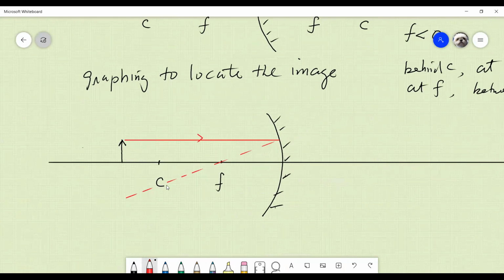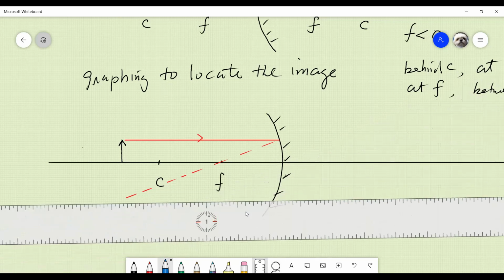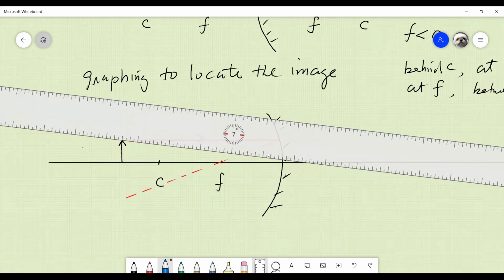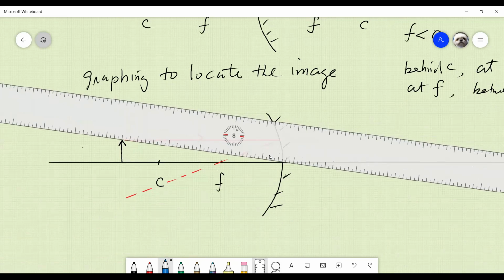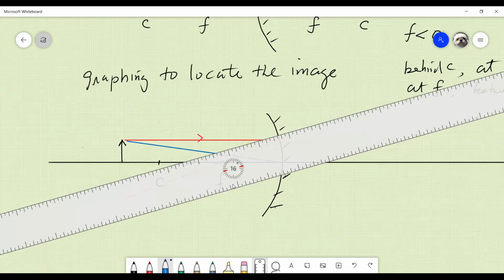Another way you draw that is, when you have a light ray coming in from the top of the object, it hits the vertex. Now it should be a solid line, the incident light. Then it is going to reflect back in the same way.